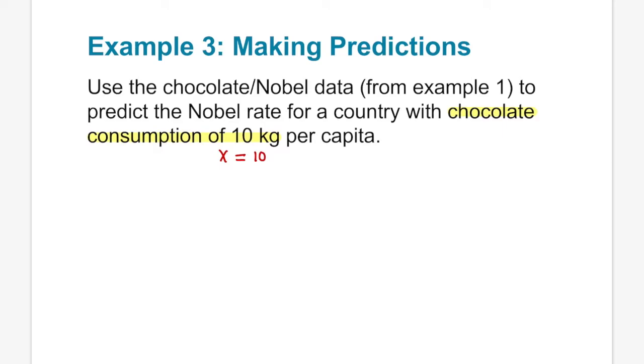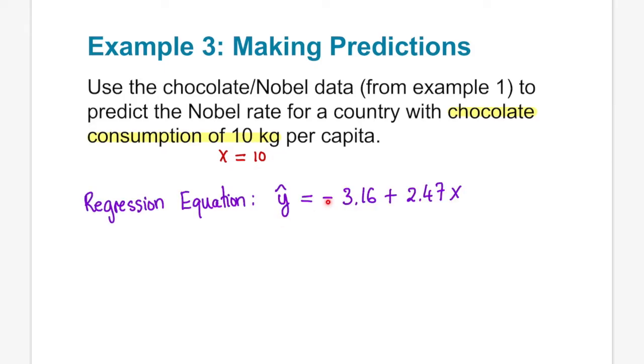I want to use the regression equation that I found earlier to make the prediction when x is 10. The regression equation is y hat equals negative 3.16 plus 2.47x. In order to use this to make a prediction for my y value, I need to make sure that this is a good model. So how do I know if this is a good model?